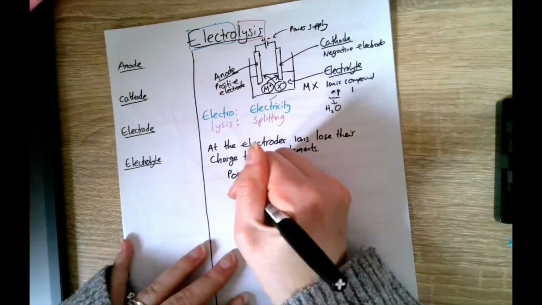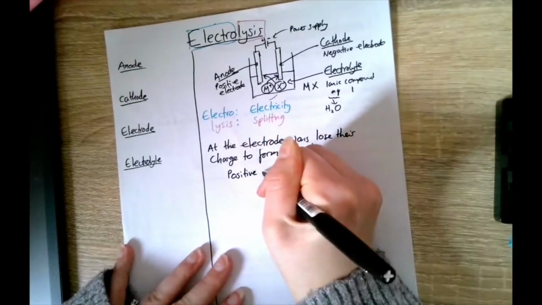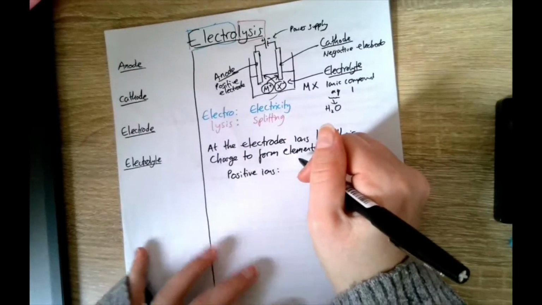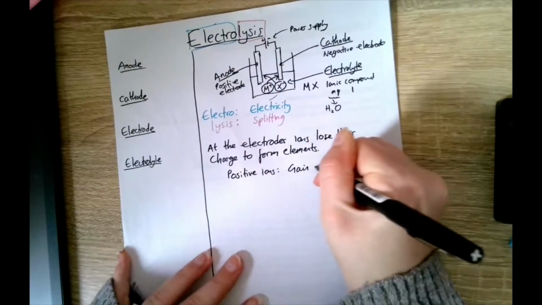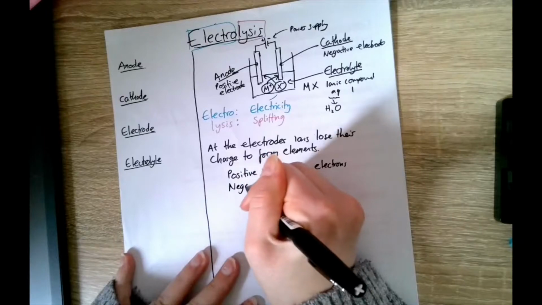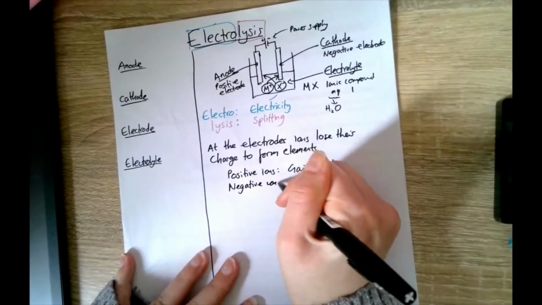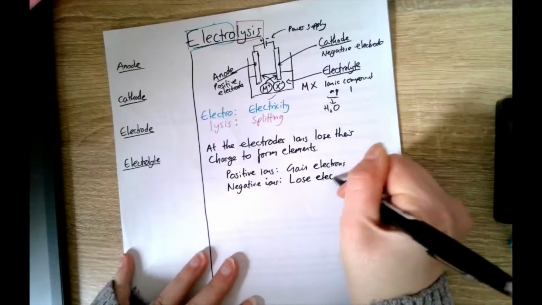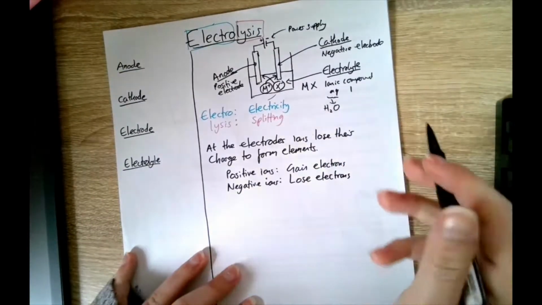So our positive ions, in order to become neutral, are going to have to gain some negative charge and therefore gain electrons. Whereas our negative ions, they need to lose negative charge and therefore lose electrons.